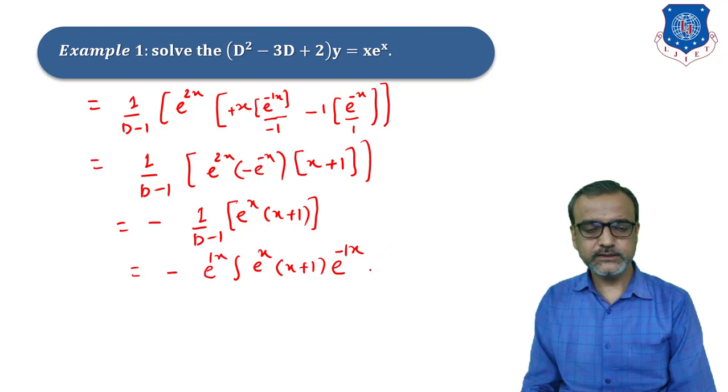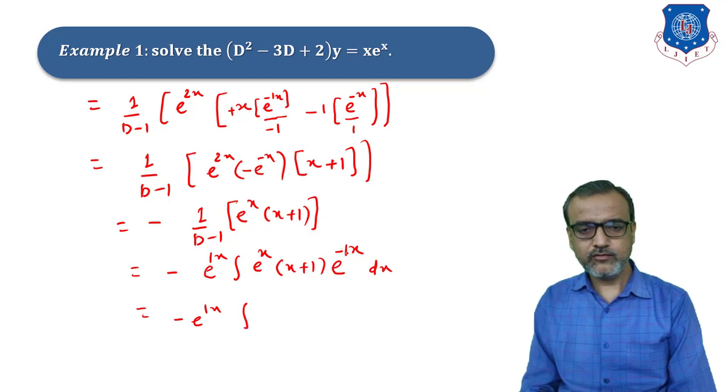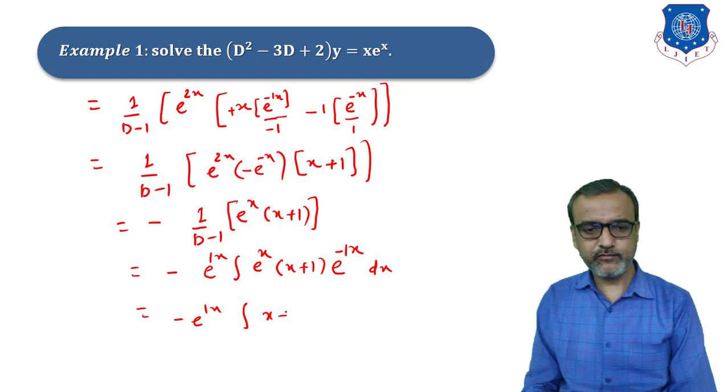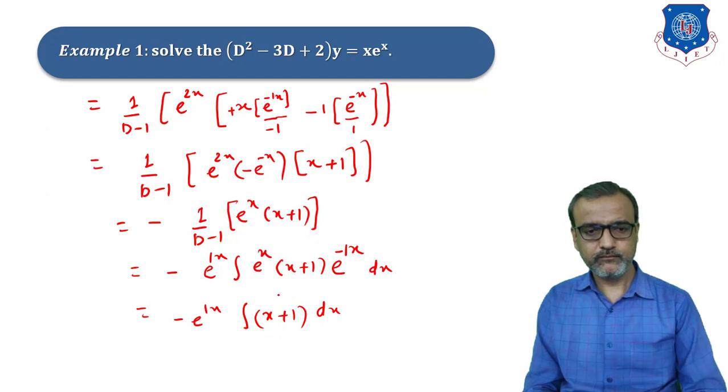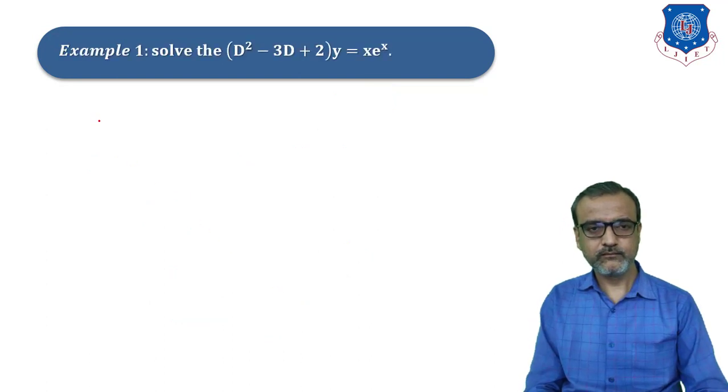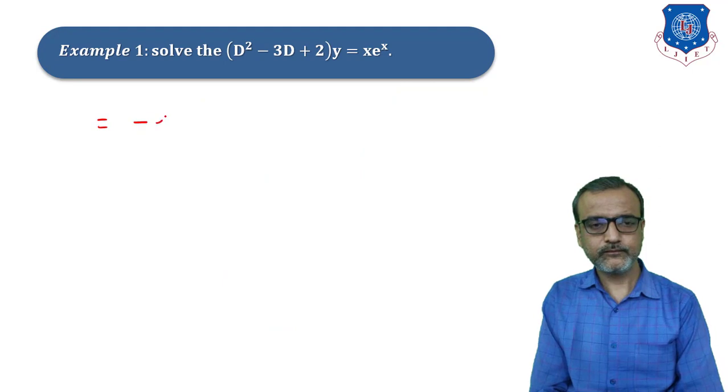So this equals minus e raised to 1x. Now e raised to x times e raised to minus 1x is e raised to 0x, and e raised to 0x is 1, and if you multiply 1 by x plus 1 you get x plus 1. Now we integrate x and 1. So this equals minus e raised to x, integration of x is x square by 2, and integration of 1 is 1x.